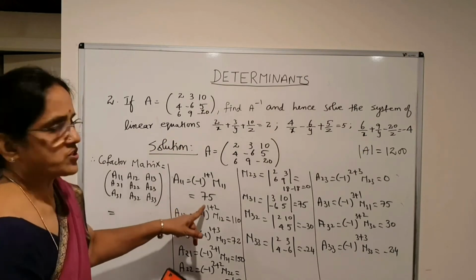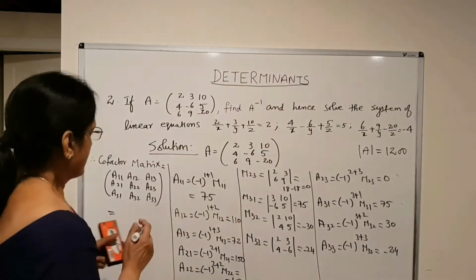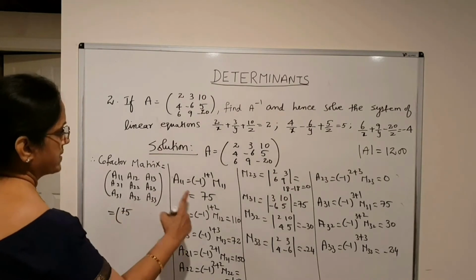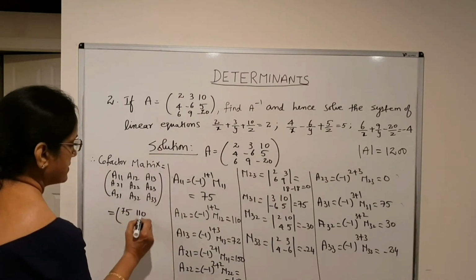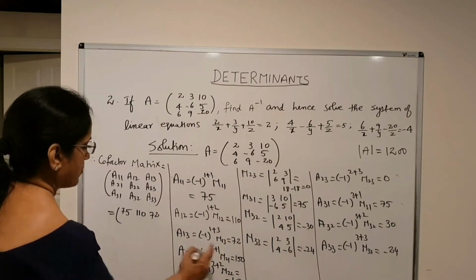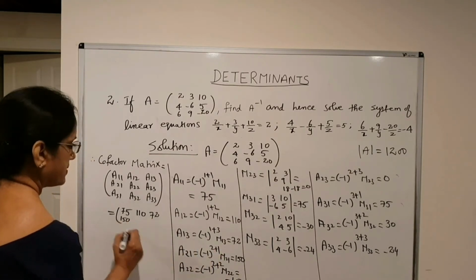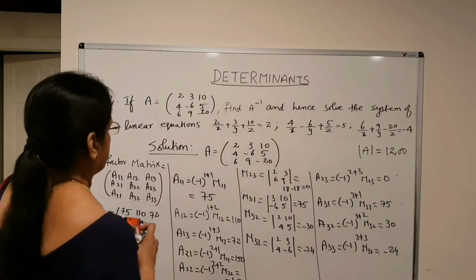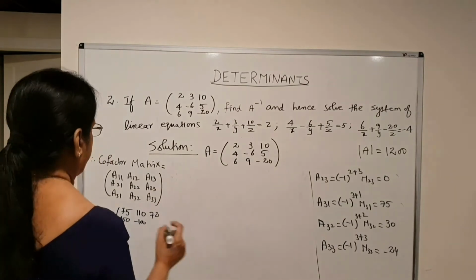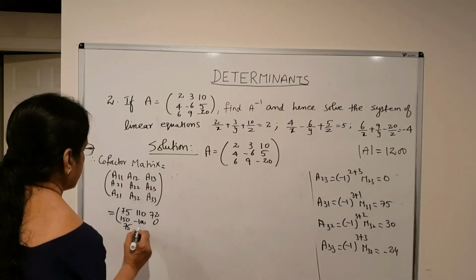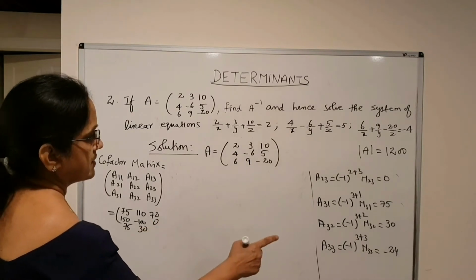Now let me substitute all the values over here. I will be getting the matrix 75, 110, 72, 150, minus 100, 0, 75, 30, minus 24.